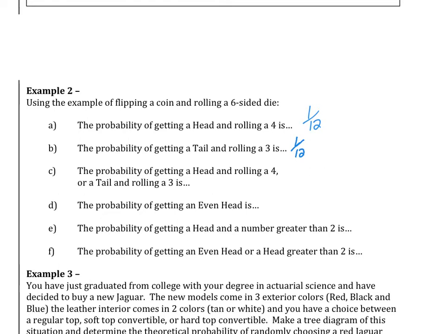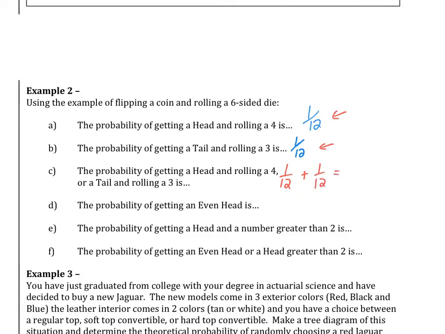How about C? The probability of getting a head and rolling a 4, or a tail and rolling a 3. So if you look at part A, the head and 4 was 1 out of 12. The tails and 3 from part B was also 1 out of 12.